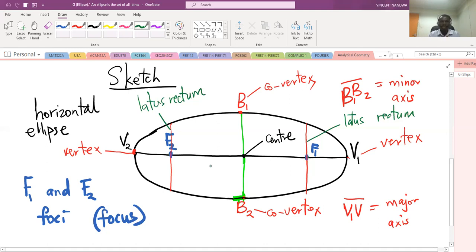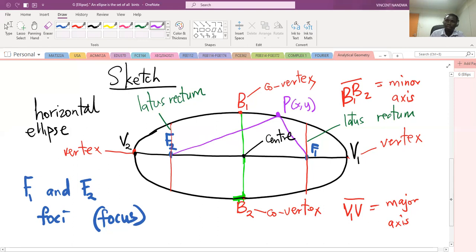Similarly, the distance from center to V1 is the same as the distance from center to V2. So from the definition, if you pick any point on this curve, call it P(x, y), then if you measure the distance from F2 and add the distance from that point to F1, you always get a positive constant.